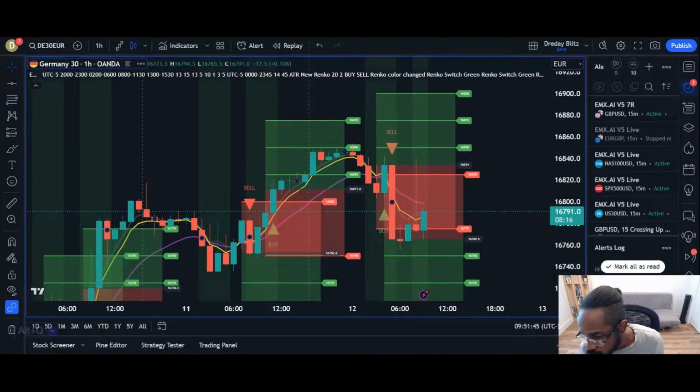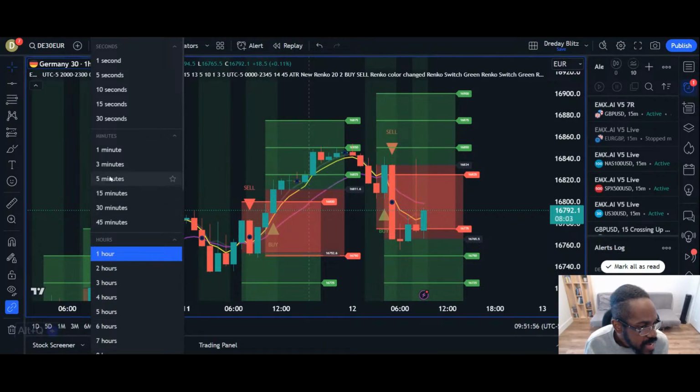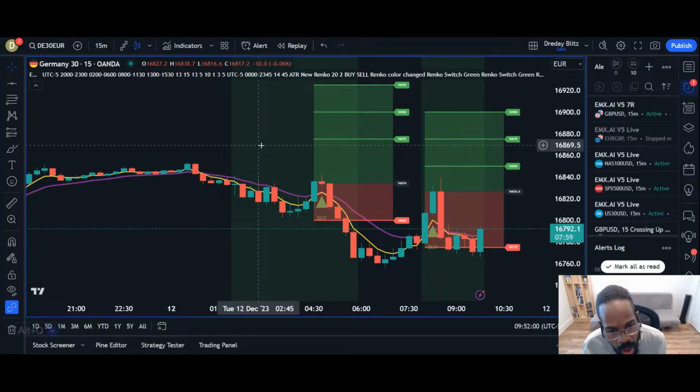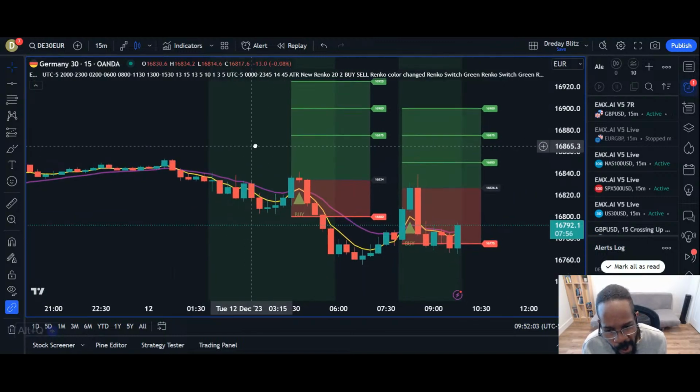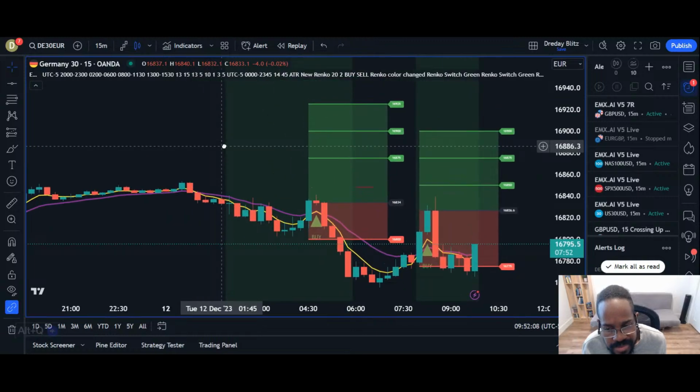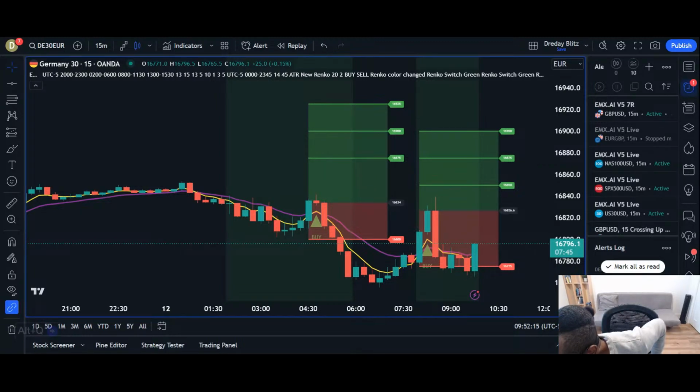Or just send me the screenshot of your trade if you're able to. DAX had some movement, but that has a perfect trend.